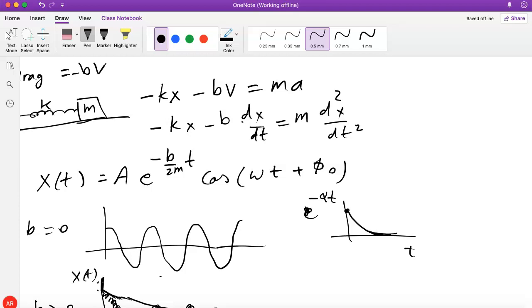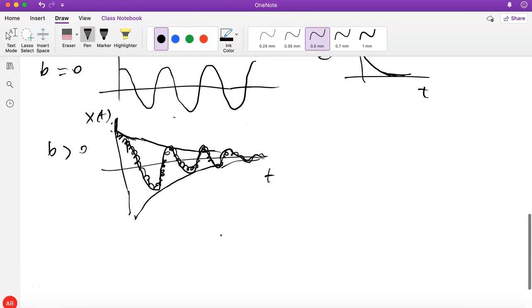The first derivative term similarly has the exponential times a sine and a cosine, x has the exponential just times a cosine, and then we need to have this equation satisfied at all times.